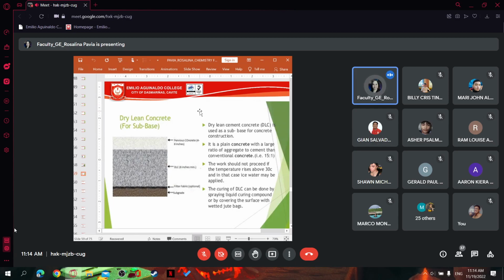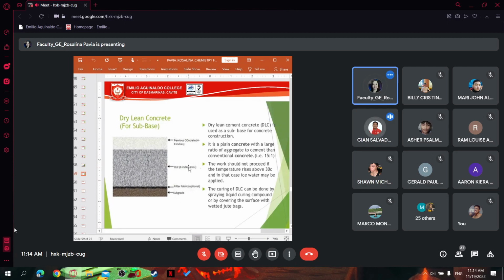You have to consider the curing temperature, and also the amount of aggregate, which is about 15:1. Malaki masyado yung aggregate mo dito. So if you're going to use 15 bags of aggregate, you have to have 1 bag of cement only.